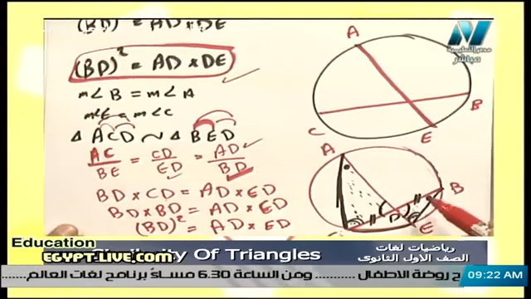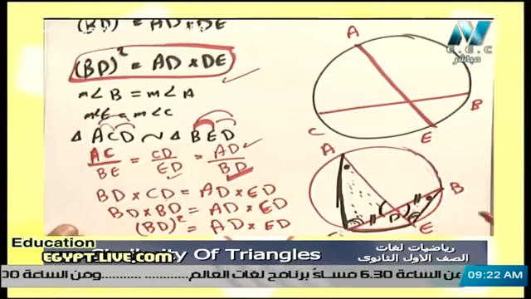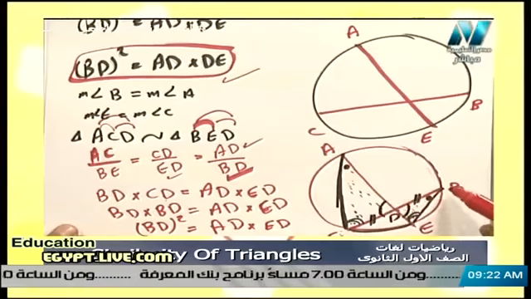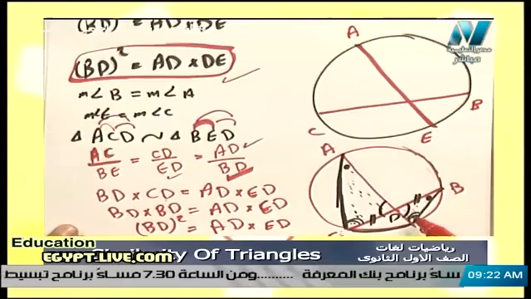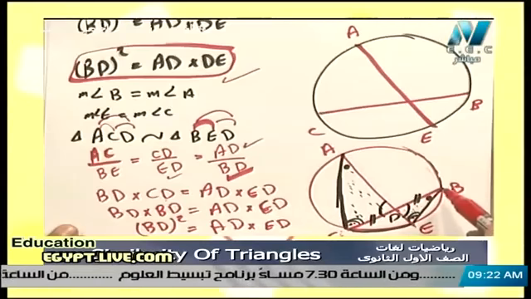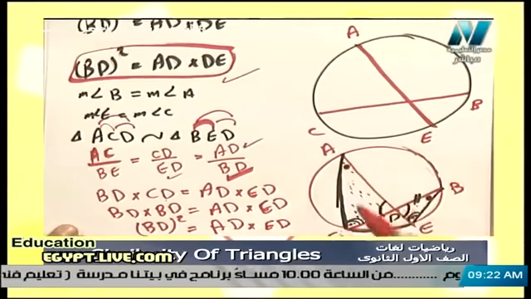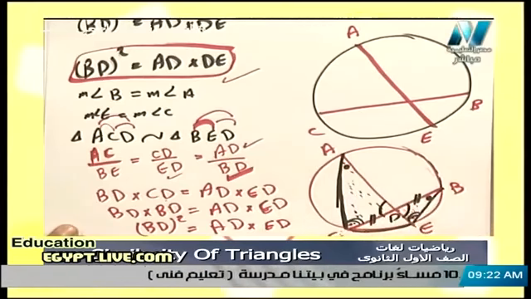Okay, let's revise again. We have here two triangles. The measured angle B equals measured angle A, inscribed angles subtended by same arc BA, and measured angle E equals measured angle C subtended by same arc AE, but measured angle B equals measured angle A subtended by same arc CE.